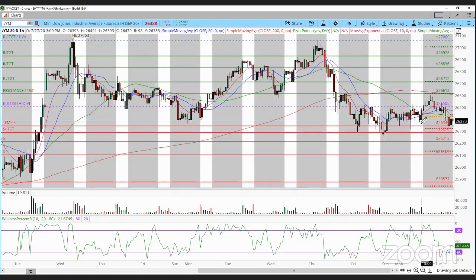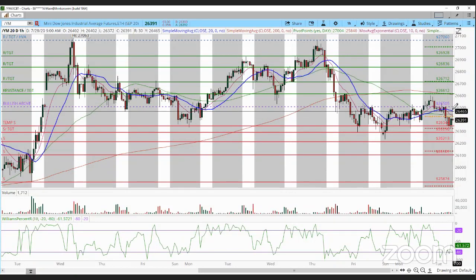So we had, again, the pullback into the end of the trading session, and we ramped up into the last 30 minutes of the day and blasted higher. So we had the continuation exactly into the, and by the way, these are the levels that we had from yesterday's trading session, so we haven't made any changes other than this.